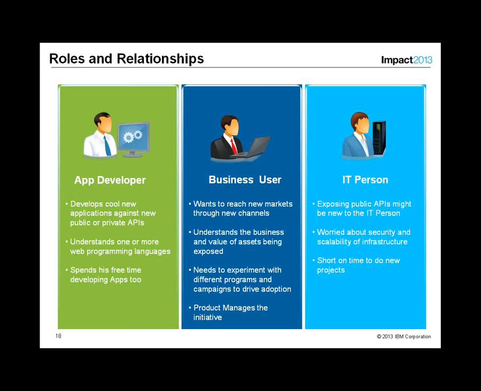The next person that I want to talk about is the IT manager, probably the enterprise architect, who has the role of figuring out how to expose the API. This is not going to be old stuff. This is probably going to be new to this person. He's probably going to be worried about security. How are you going to scale?